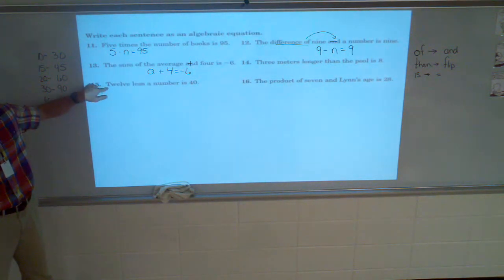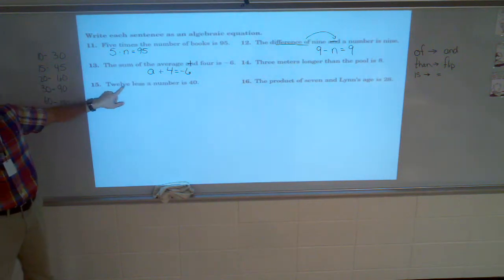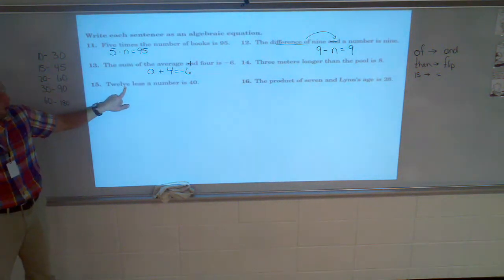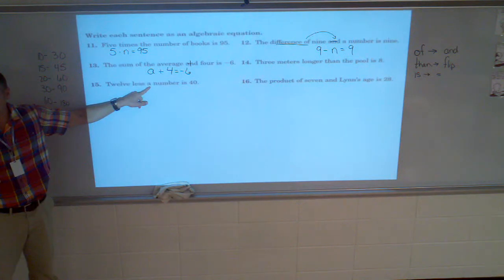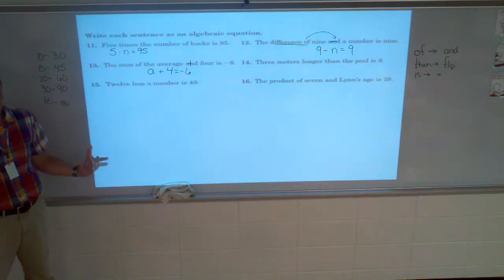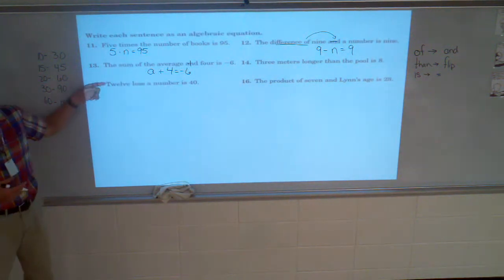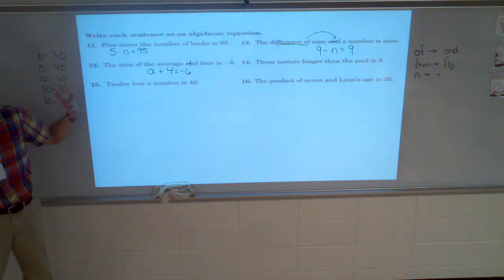I will also tell you, there is a problem like this on the test that gives people fits, okay? Because when we read this, most of the time, you would read this 12 less than a number, right? How many times do we say 12 less a number? I don't think I've ever said that in my life other than when I'm reading this problem. I would say less than.